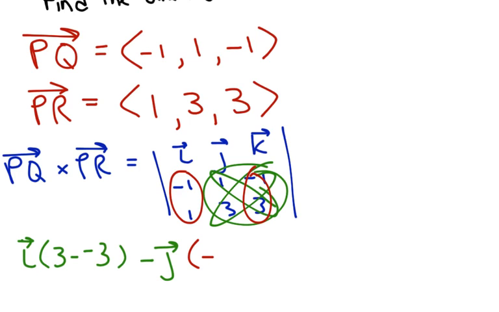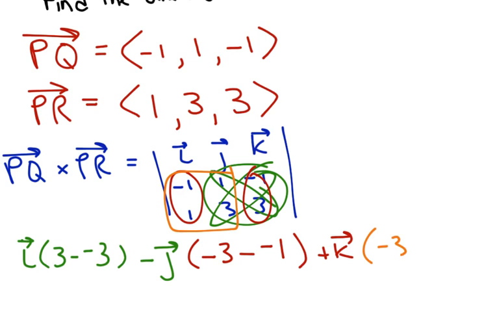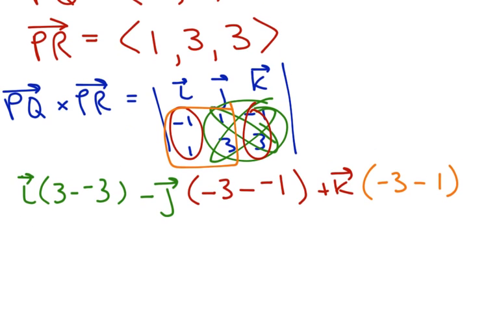So it's going to be -3 minus -1, plus K. I'm going to use the determinant of these four. So it's going to be -3 minus 1. Now I'm going to simplify, and I'm going to get 6I plus 2J minus 4K.